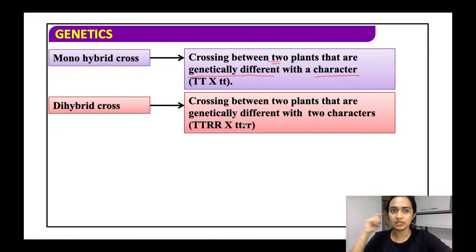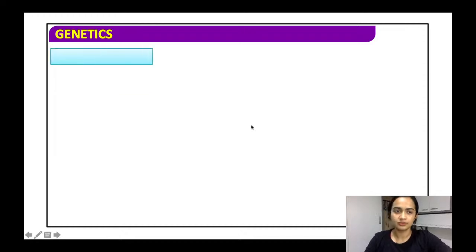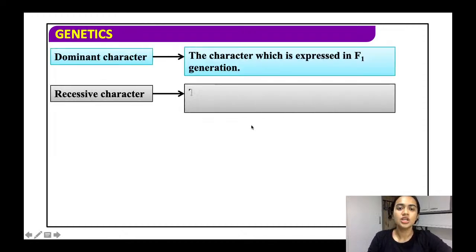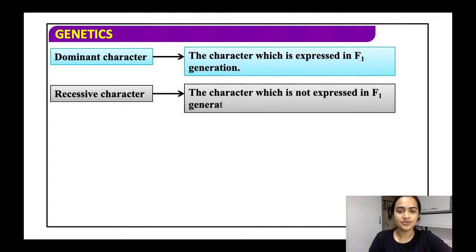R, if I'm not wrong, is for the round shape of the pod. So with the capital T, capital R along with the small r. The dominant character is expressed in the F1, while the recessive is not expressed in the F1, but it is expressed in the F2 generation.